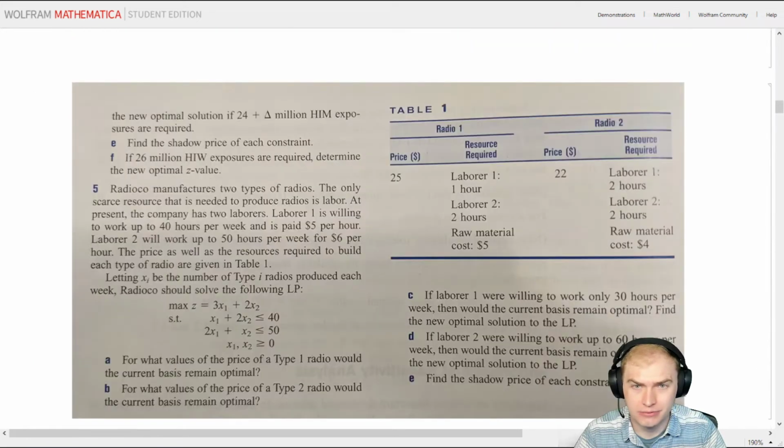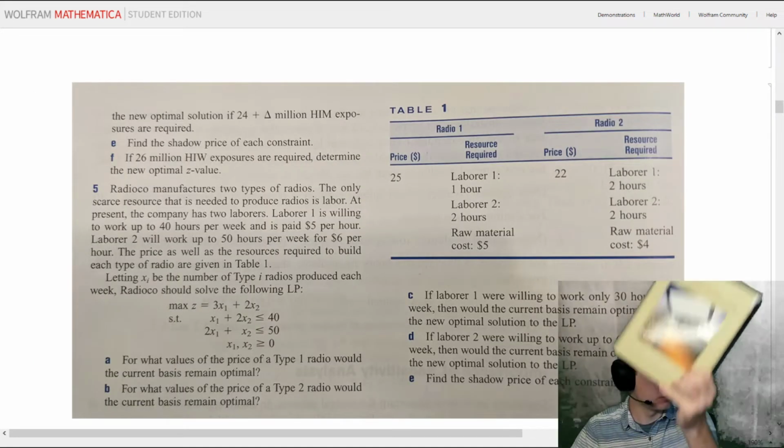Those will be done today, guaranteed. And then, yeah, I think that's it, announcement-wise. So let's take a look at the example.